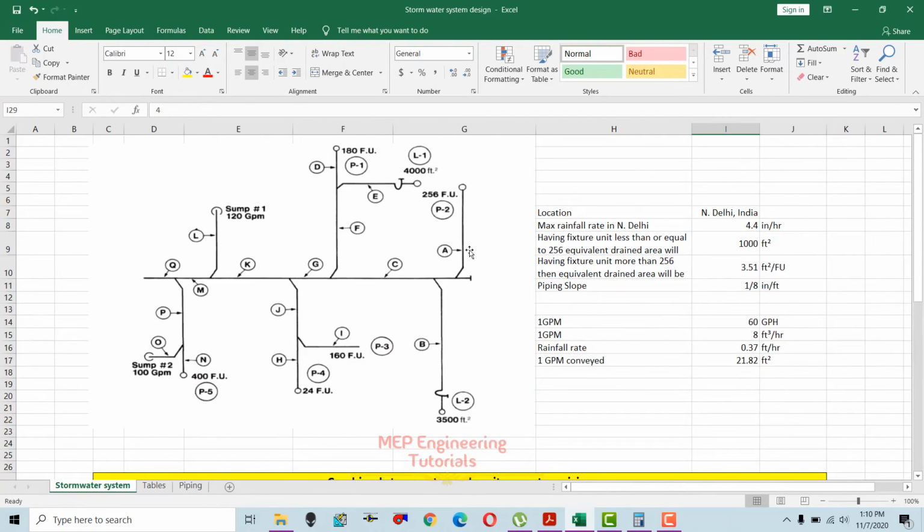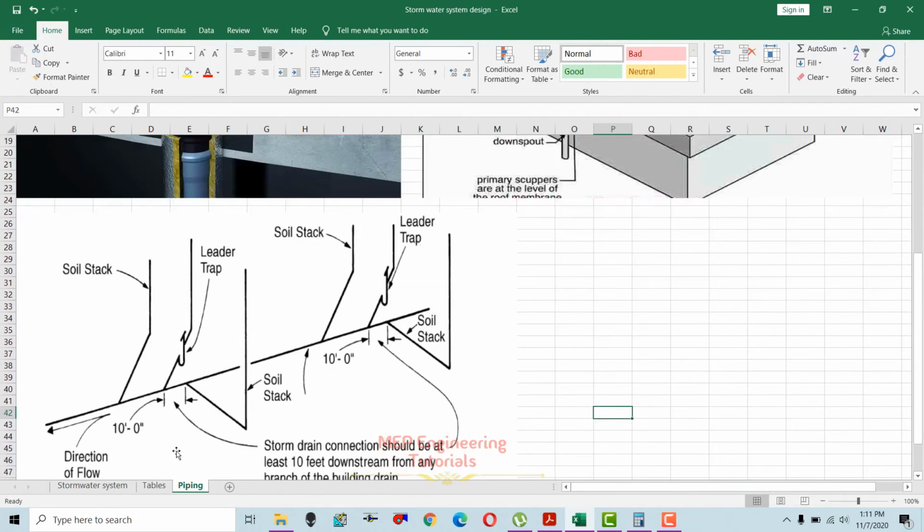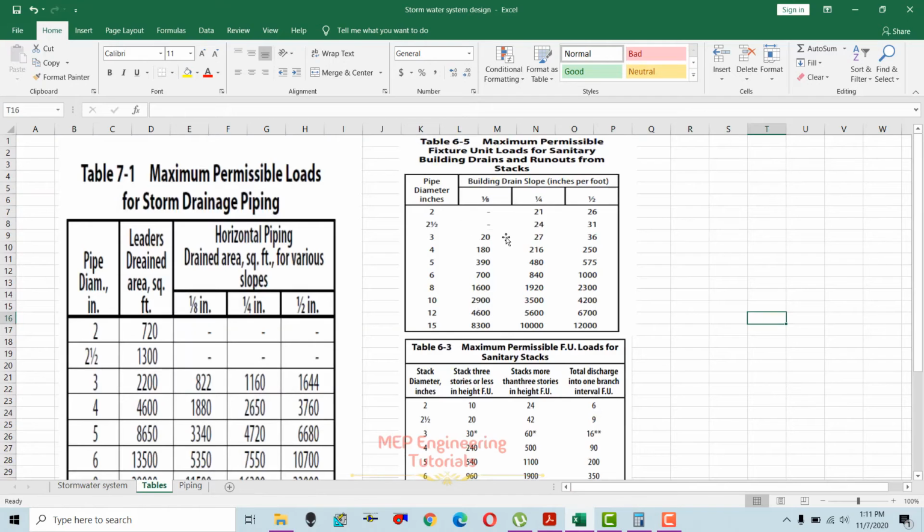Then move to section A. Section A is basically the run out from the stack, so we have to use table 6-5 to get the pipe size. We know the fixture unit count at point A is also 256, the same. So this is table 6-5 which I'm going to use.